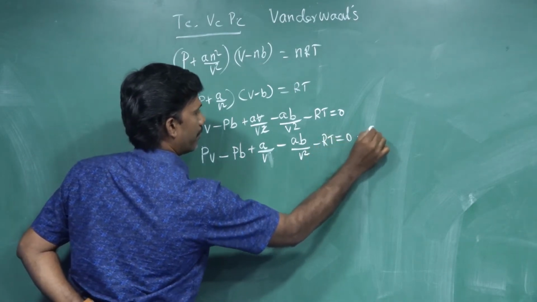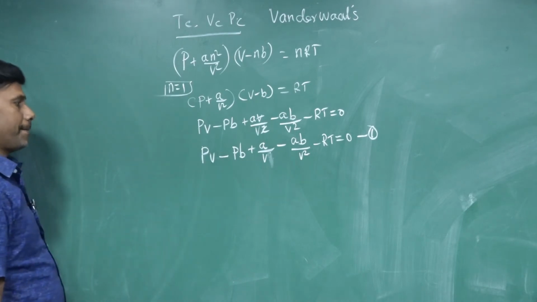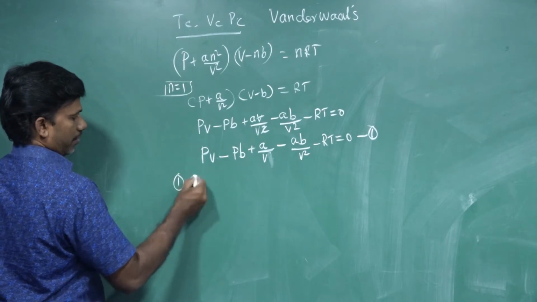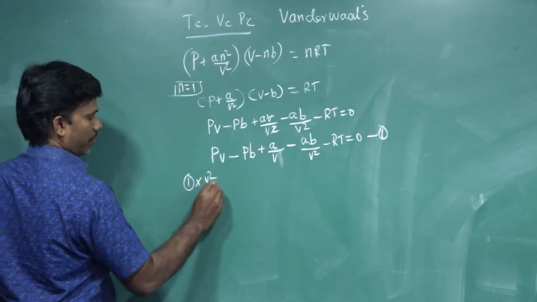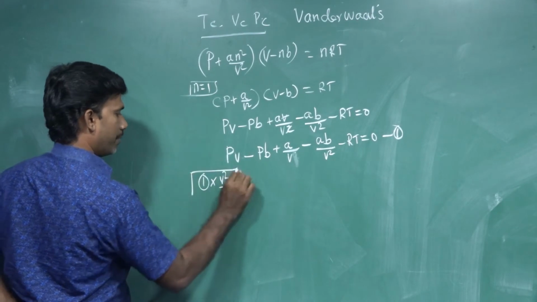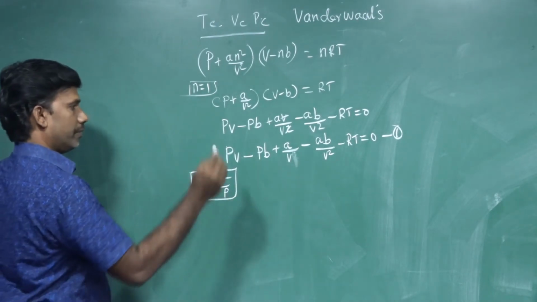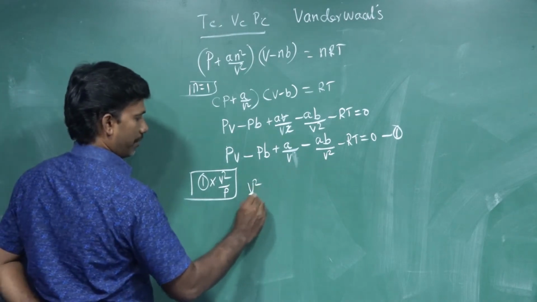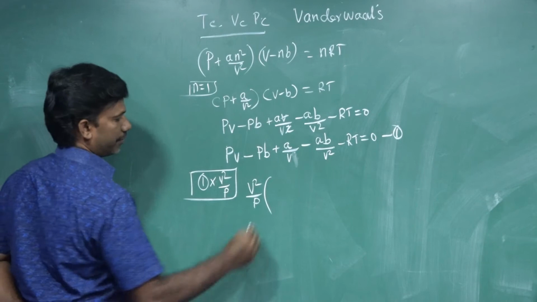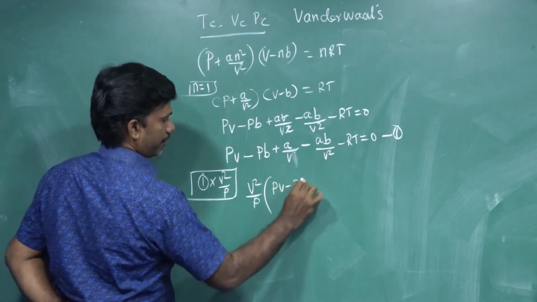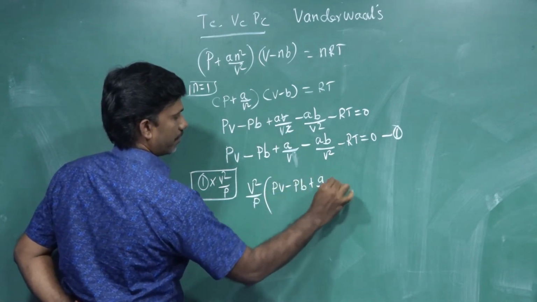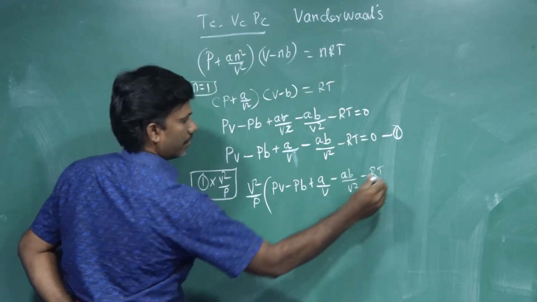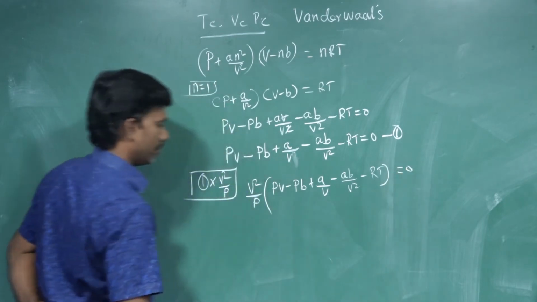Let us keep it as equation 1. Then multiply equation 1 by V²/P. This is the term we are applying. So V²/P into (PV - Pb + a/V - ab/V² - RT) equals 0.